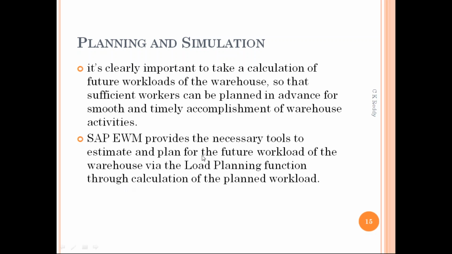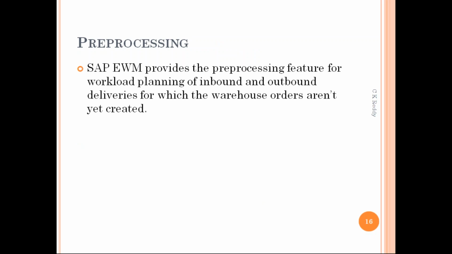SAP EWM provides the necessary tools to estimate and plan the future workload of the warehouse via the labor planning function through calculation of the planned workload. They can evaluate the planned workload and align the resources to fulfill the on-time delivery. And pre-processing: at delivery time itself, we can pre-process.